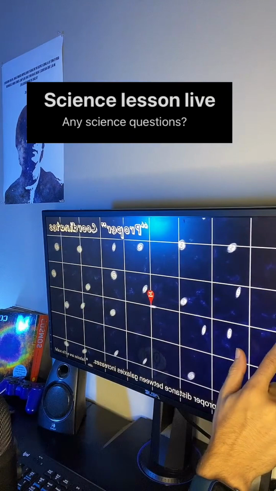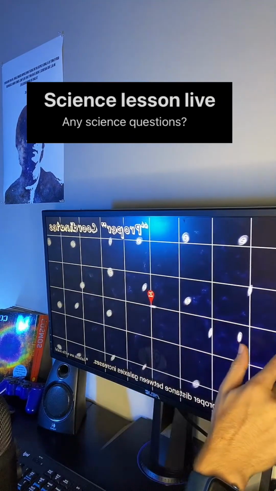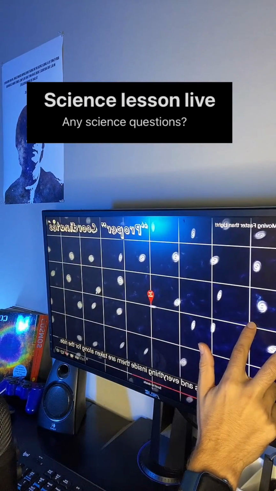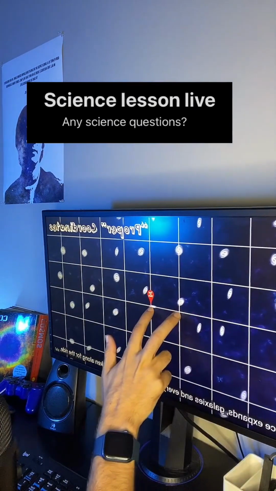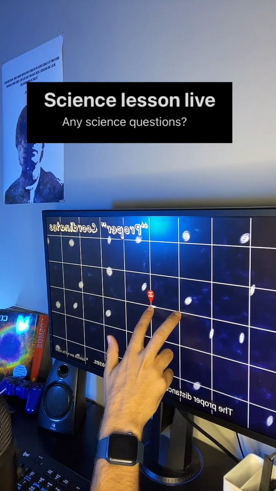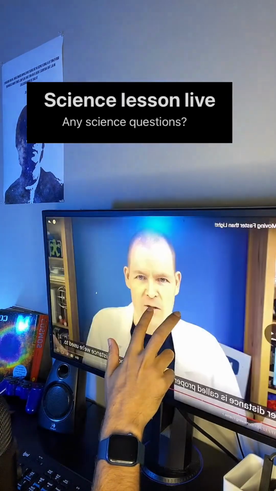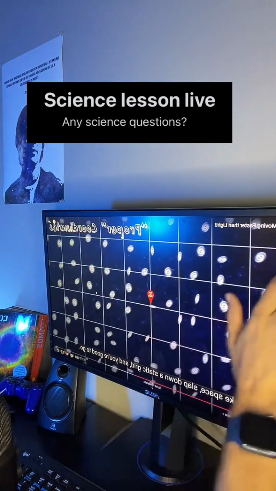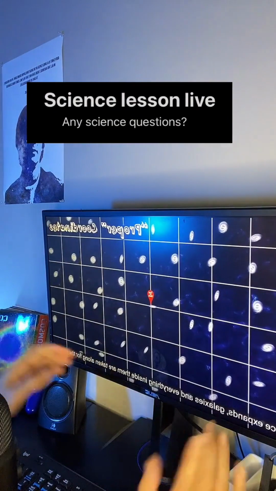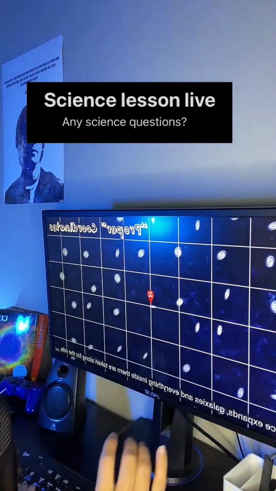Now, if you notice from here to here, here is going faster, the expansion is happening faster further away. Here, the expansion is happening less fast, right? This is why the further away you are from us, the faster you are moving through space. The faster you're stretching away from us. The things that are closer to us aren't stretching as far.